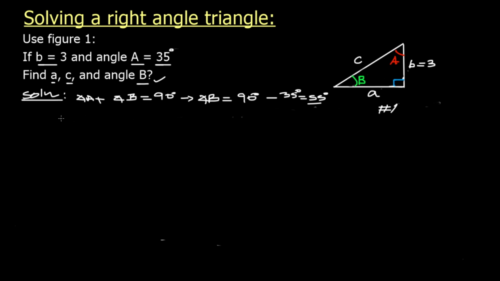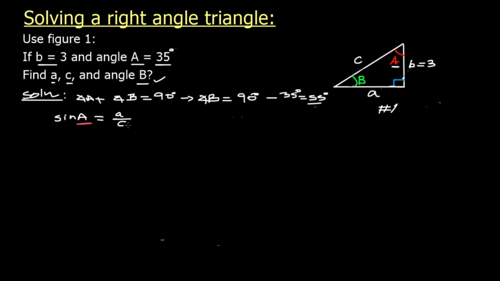Let's try to see if we can solve using the measurement of angle A. If we were to use, let's say, sine of A equals the opposite side, which is A, divided by the hypotenuse C. The one problem we have here is that we only know the measurement of the angle.